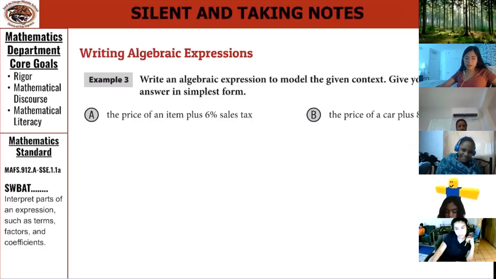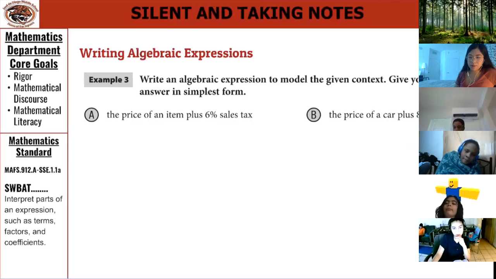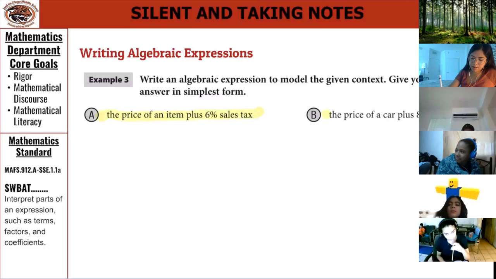Okay. So now we're not going to break it down. We're actually going to write the expression. In these two examples, they don't write it for you. We have to write it ourselves. So only write the actual problems. You do not need to write anything else.